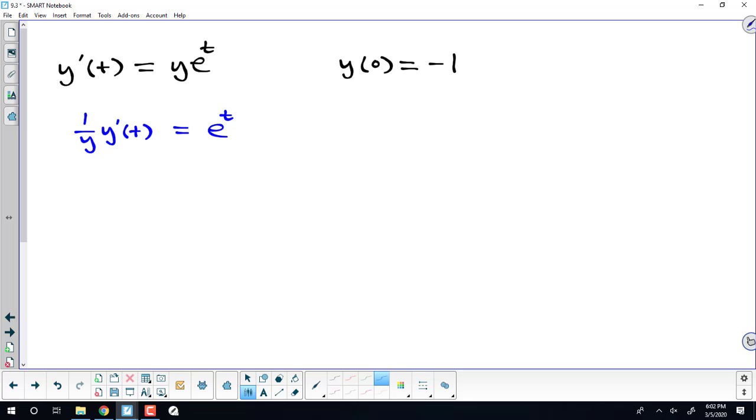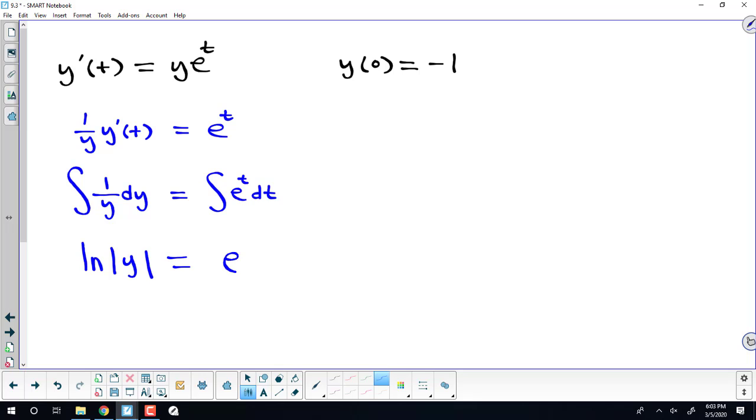And then when we integrate both sides with respect to t, we have the antiderivative of 1 over y dy equals the antiderivative of e to the t dt. So similar to the one we had, we have natural log of the absolute value of y, and e to the t plus c.